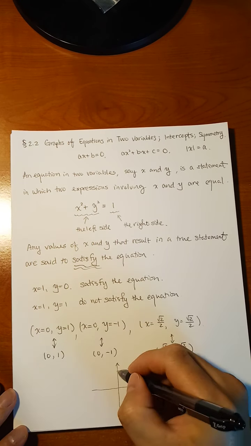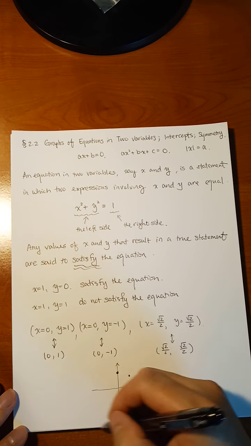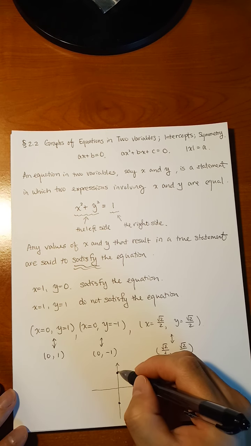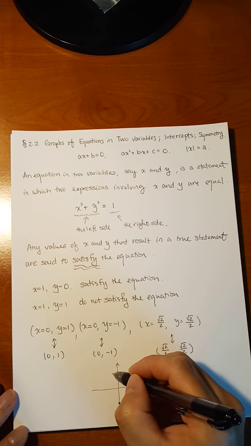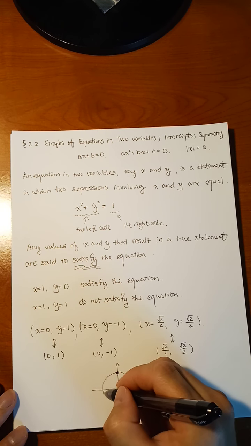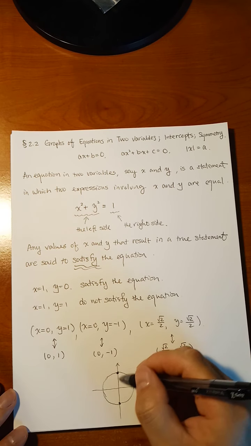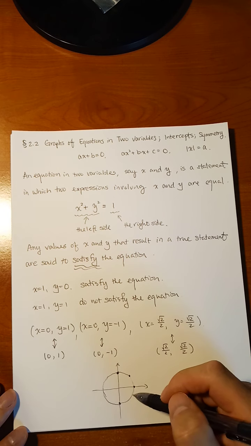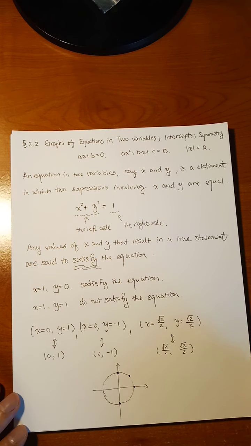And root 2 over 2, root 2 over 2 is possibly here. So you just get all possible solutions, and then you plot all the corresponding points. You will see you get a curve in the xy plane. And this curve is called the graph of the equation. The graph is actually the collection of the solution set.